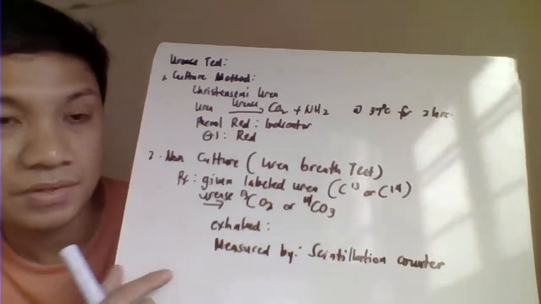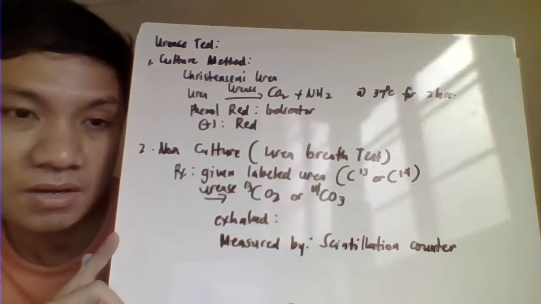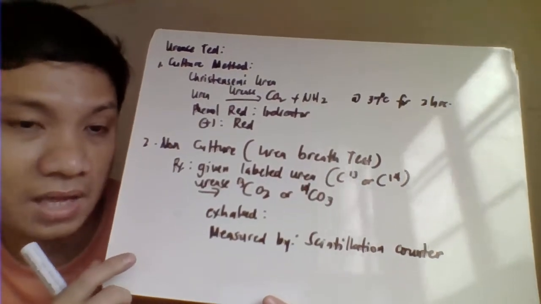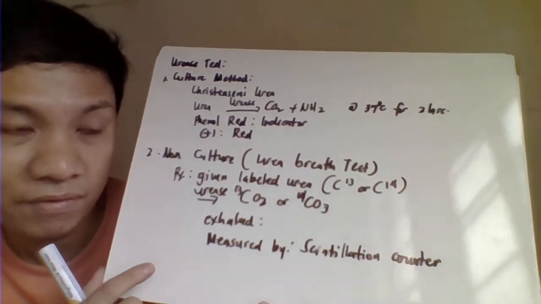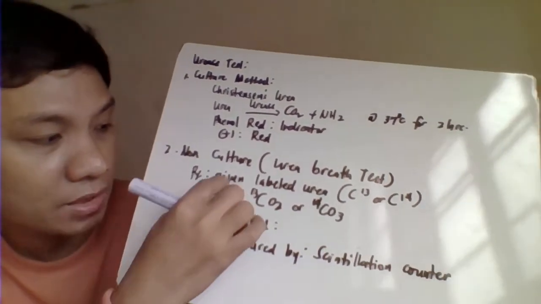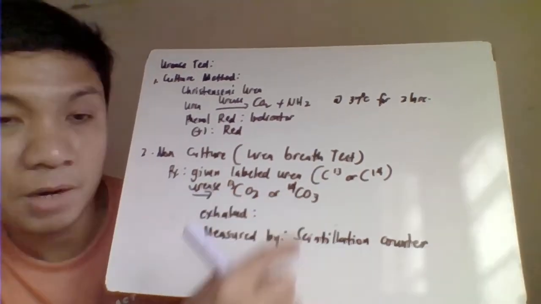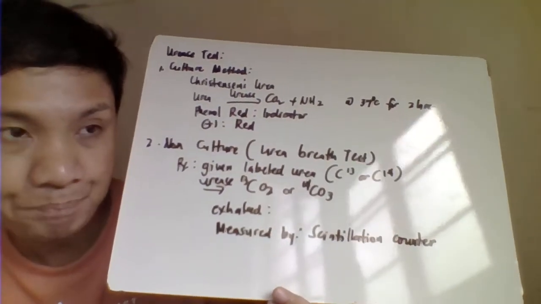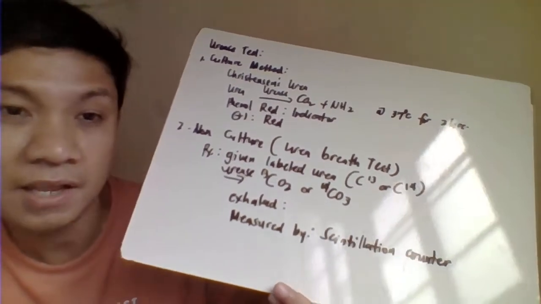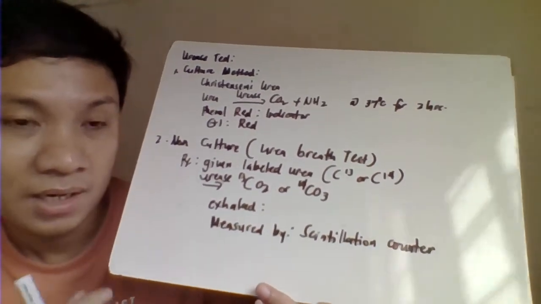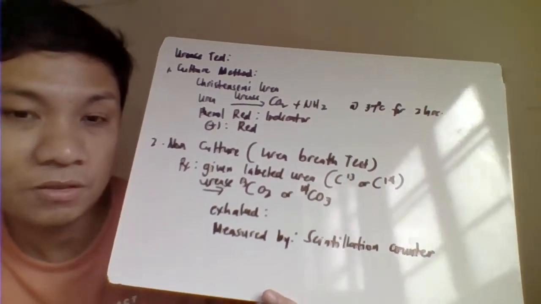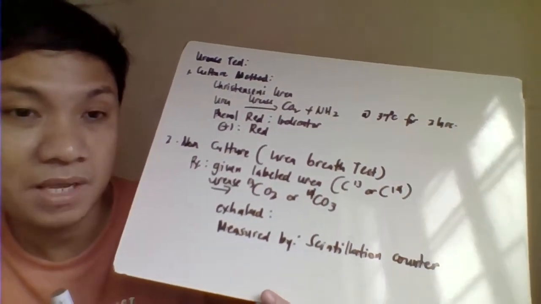So that's positive results. Another one, identification of your urease bacteria here would be your urea breath test, where you try to give urea labeled with carbon 13 or carbon 14. Sa urea, may nakalabel, may nakatag sa kanya in order for you to measure. Then you give or inject this one to the patient.